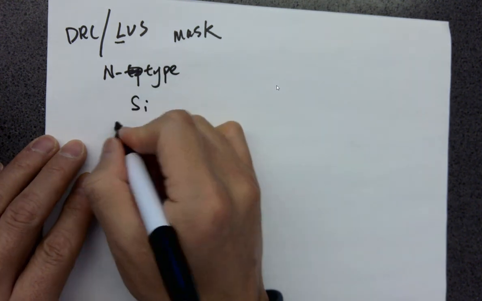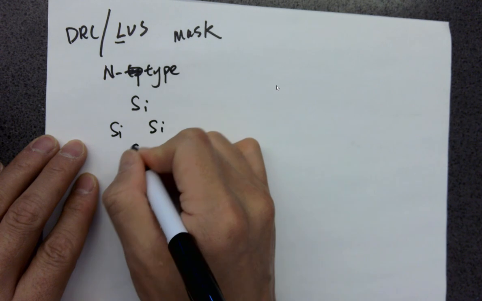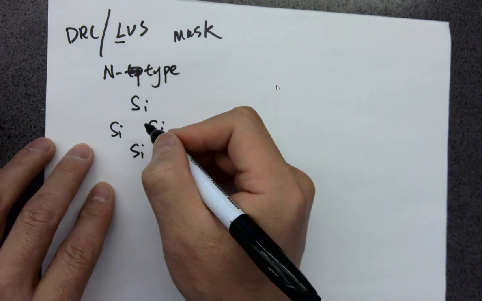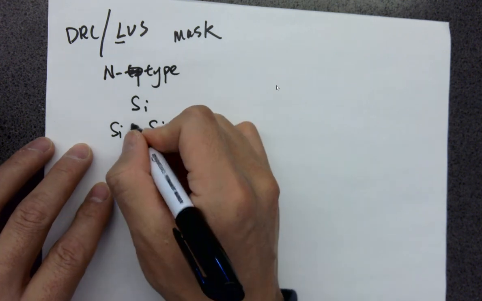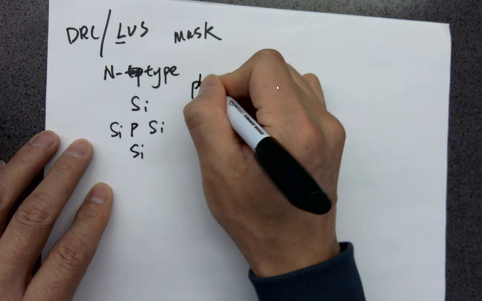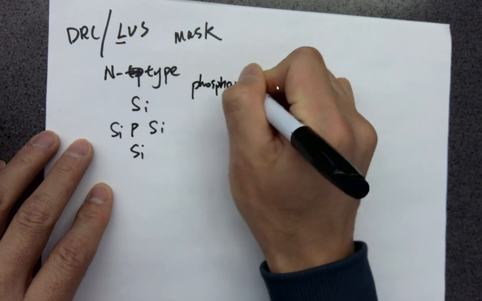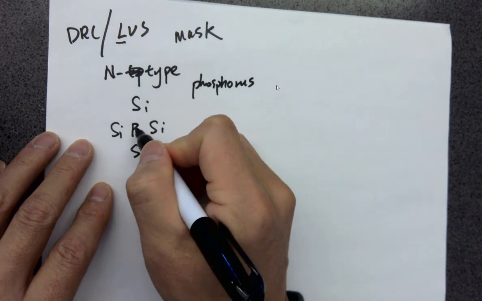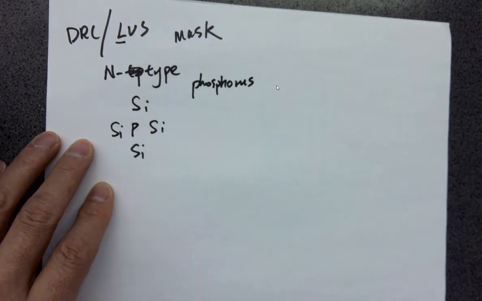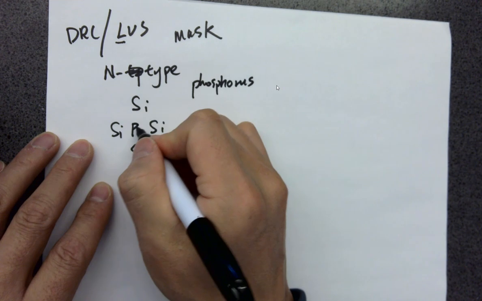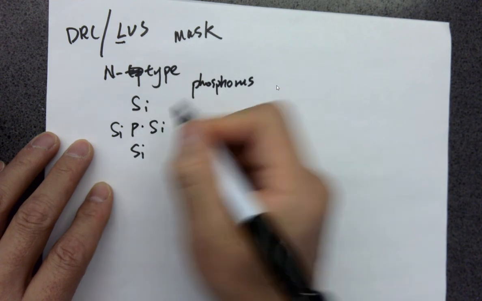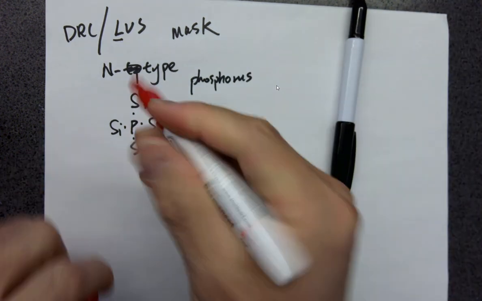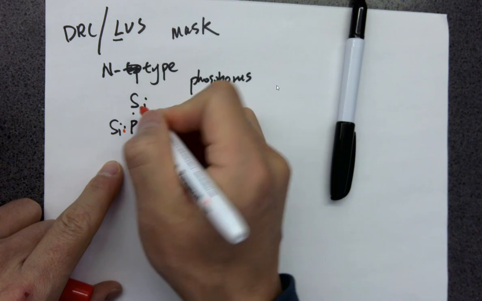N-type. That's a silicon atom. Silicon. And you dope that silicon material with phosphorus. Because phosphorus has 5 electrons on the outer layer, 4 of them will form 4 covalent bonds with the silicon atoms.